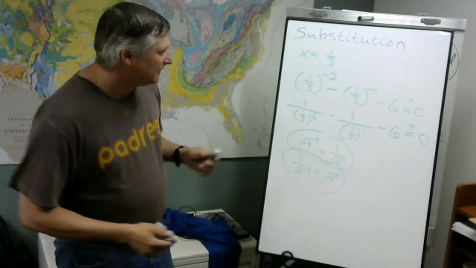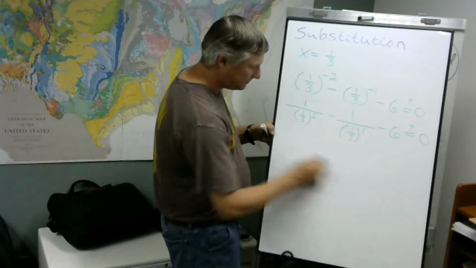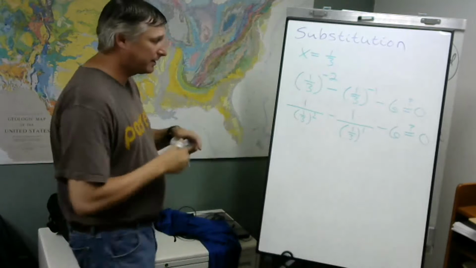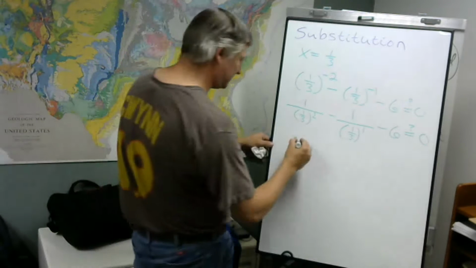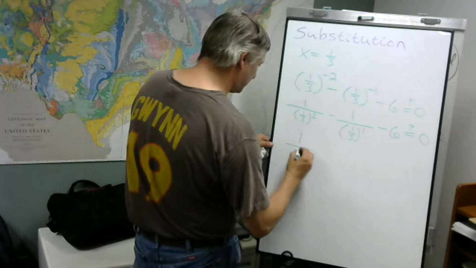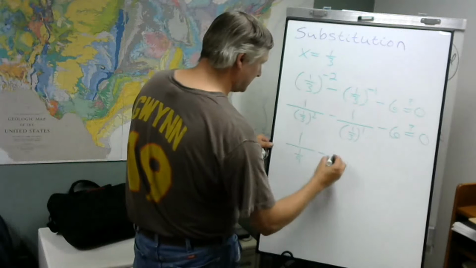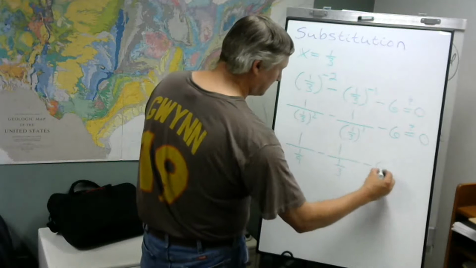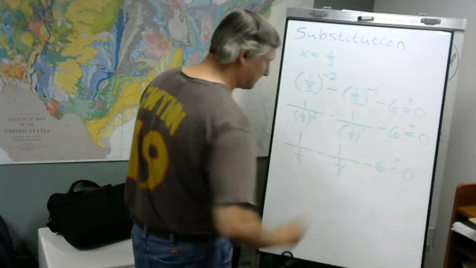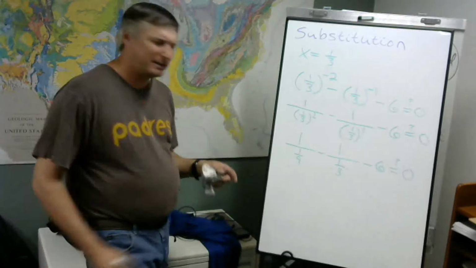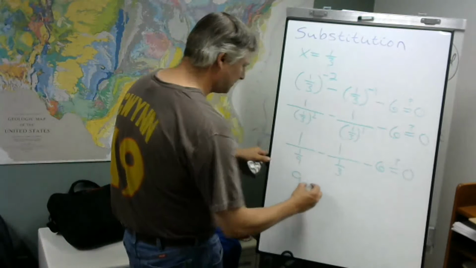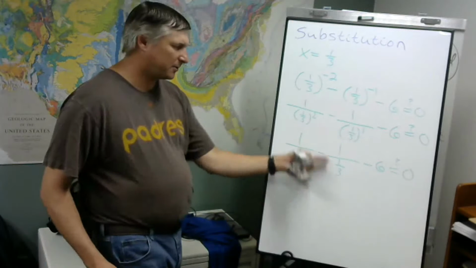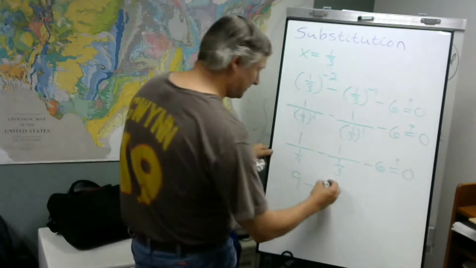All right. So 1/3 squared, 1/3 times itself, is 1/9, so 1 over 1/9. 1/3 to the 1 is just 1/3. 1 divided by 1/9 is 9. 1 divided by 1/3: 1/3 goes into 1 three times.